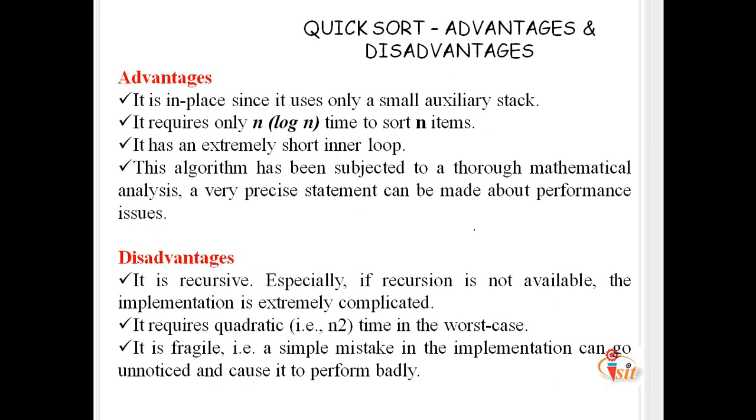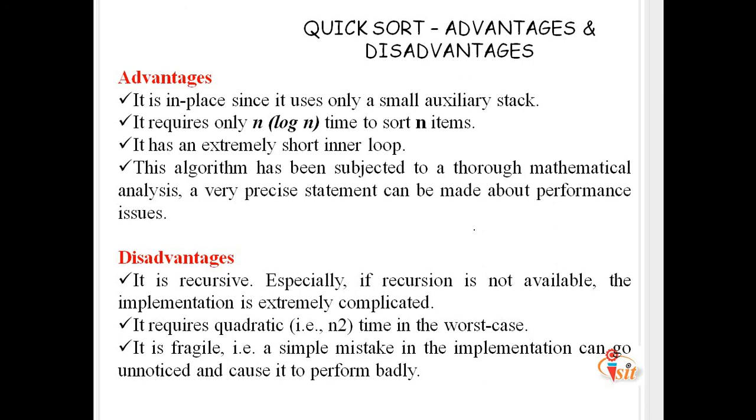So at the end we need to check the advantages as well as the disadvantages of the quicksort algorithm. The advantages are that it is in place, since it uses only a small auxiliary stack. It requires only big O of n log n time to sort n items, it is extremely short in the inner loop, and this algorithm has been subjected to mathematical analysis, so a very precise statement can be made about performance issues. The disadvantages are that it is recursive, and especially if recursion is not available, the implementation is extremely complicated.